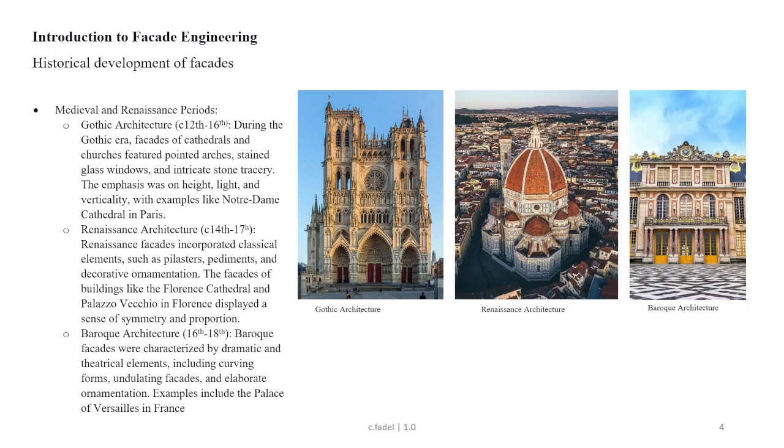The next period of architecture in facades is Renaissance architecture, which happened between the 14th century and the 17th century. Renaissance architecture asserted the revival of classical principles, evident in facades adorned with pilasters, pediments, and decorative ornamentation, exemplified by iconic structures like the Florence Cathedral and Palazzo Vecchio in Florence.